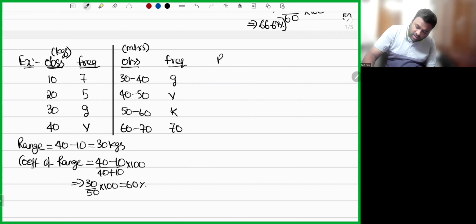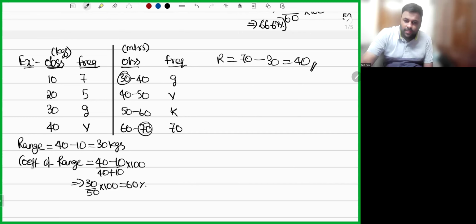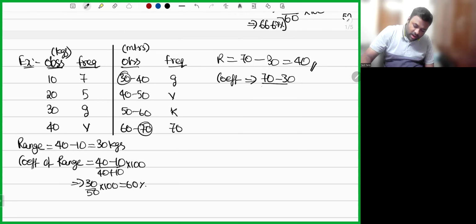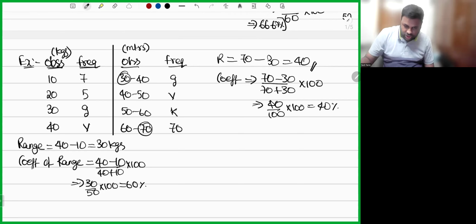So range will be highest observation minus lowest observation, which equals 40. Okay. Coefficient: highest minus lowest divided by highest plus lowest into 100. So 40 by 100 into 100, which equals 40%.